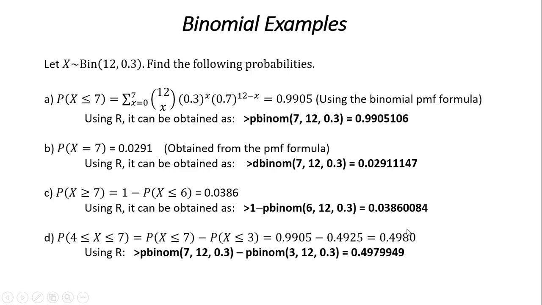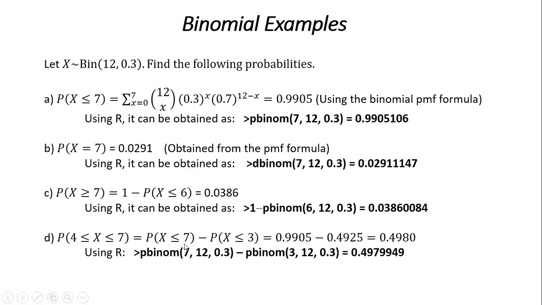Finally, we have the variation where x is between two values. If I wanted the probability x is greater than or equal to 4 and less than or equal to 7, here we're going to use the cumulative distribution function twice.